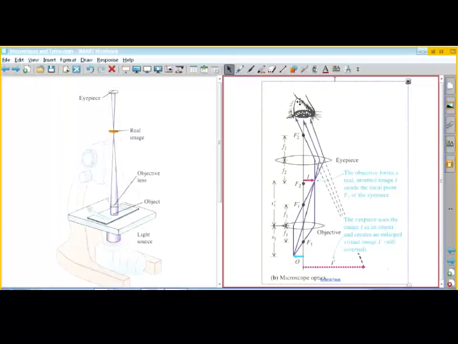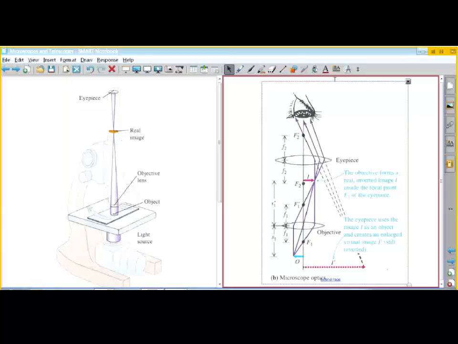So this is the diagram. We have somebody's eye, we have the objective lens, and the eyepiece. So you have your object, which is your slide, and remember the three things about lenses: rays that are going parallel to the axis go through the focus. This is the focal point of the first lens, which is equally on either side of the lens.